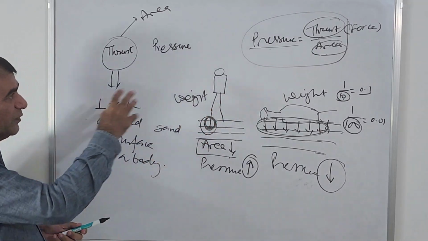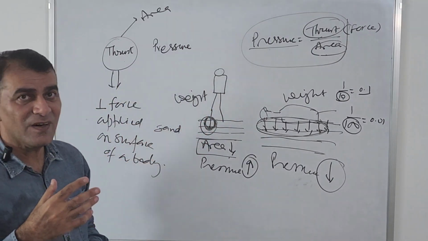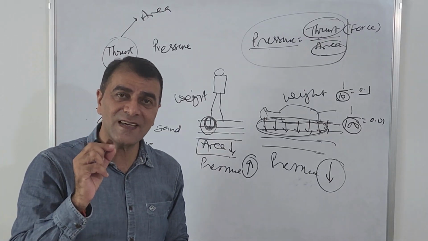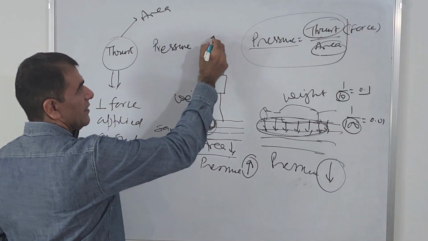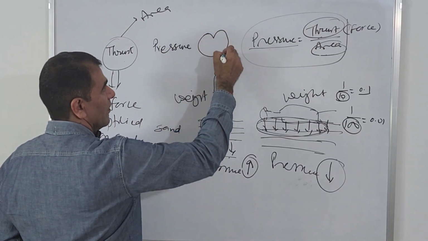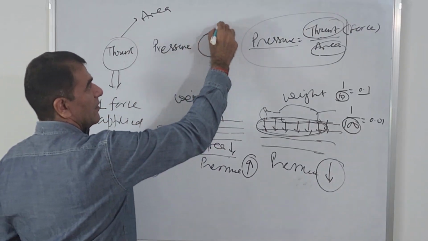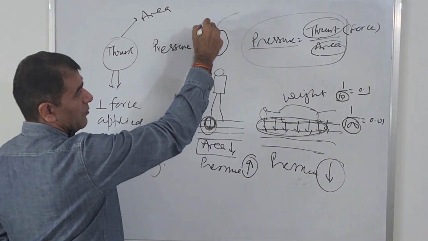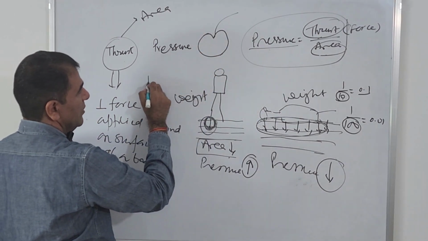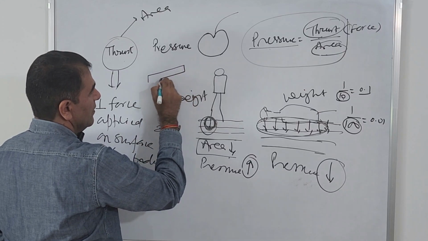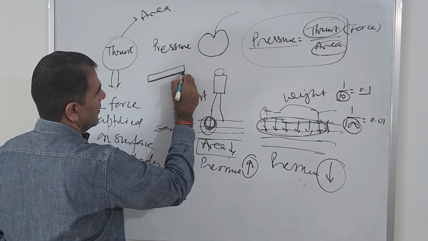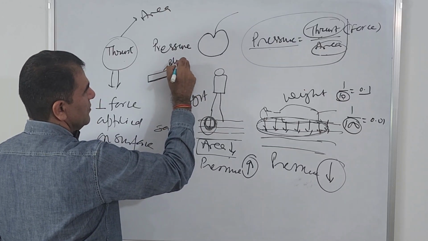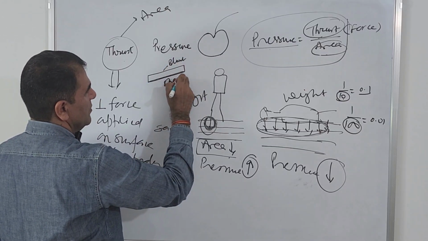Now, this phenomenon was actually happening in the first experiment which I showed you. What did I show you? There is an apple, right? Now when I cut this apple with a sharp edge, let us say this one is a knife, and this one is the blunt edge and this is the sharp edge.